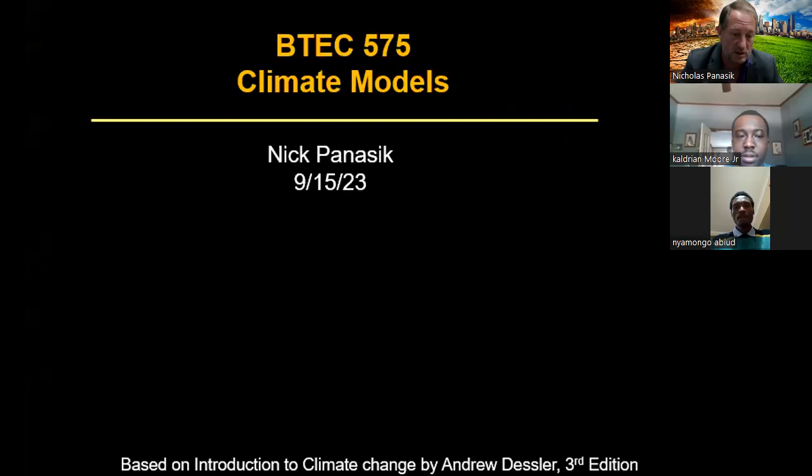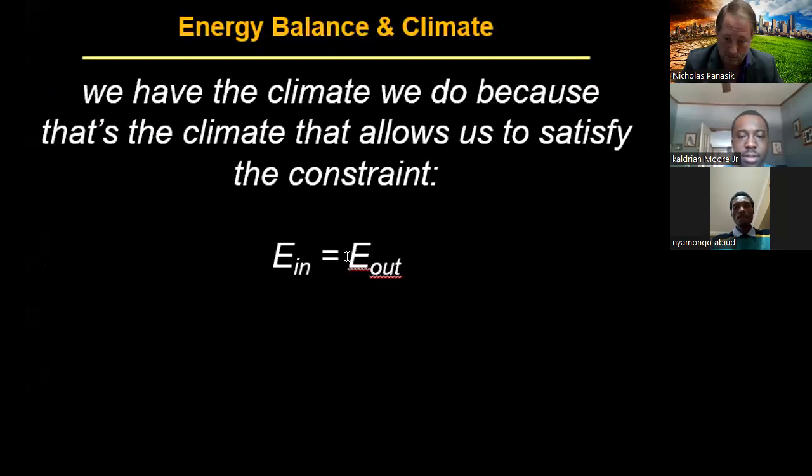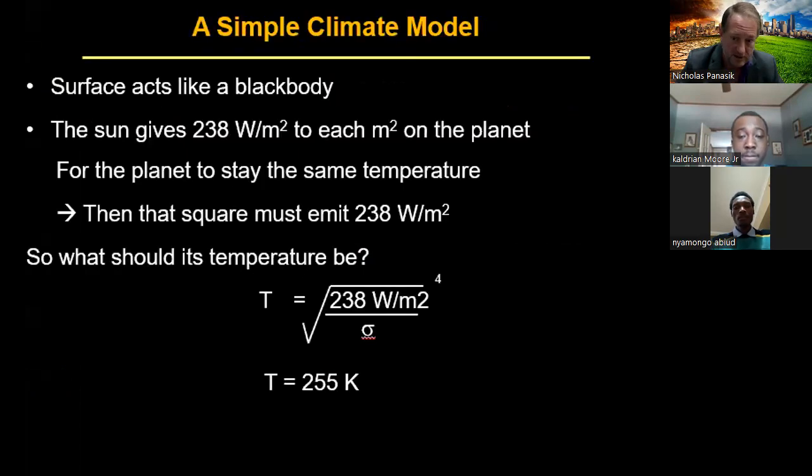So I'm going back to an old climate one, where we're putting on this energy in equals energy out constraint. And this is our Stefan Boltzmann equation rewritten so it's solved for temperature. Let me show you the original equation.